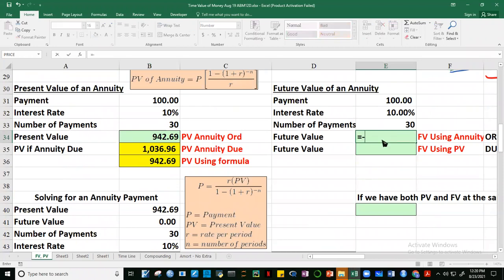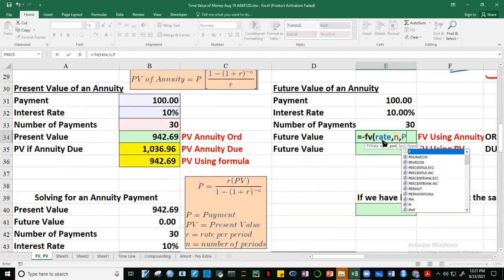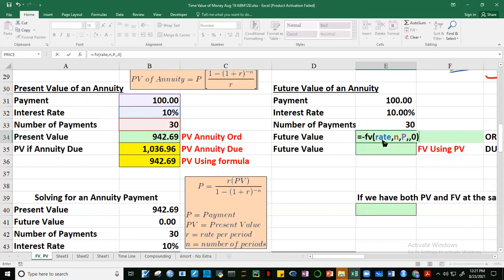So this is equal to negative FV, a future value natin. So rate, and then N per natin is 30 years then, and then PMT is your P, comma. So present value, wala, kasi ang hinahanap natin dito yung future value. Type 0, kasi annuity ordinary.